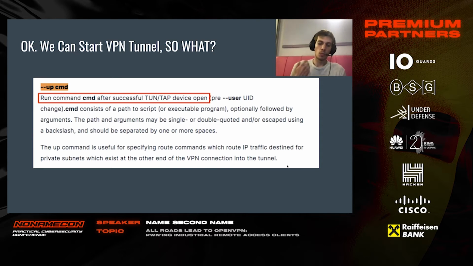So once the OpenVPN instance is started and it tries to configure the TUN and TAP virtual network interfaces, if the configuration that the OpenVPN started upon contains the up command, it will execute this command after starting the TUN or TAP device. So let's see a quick example.